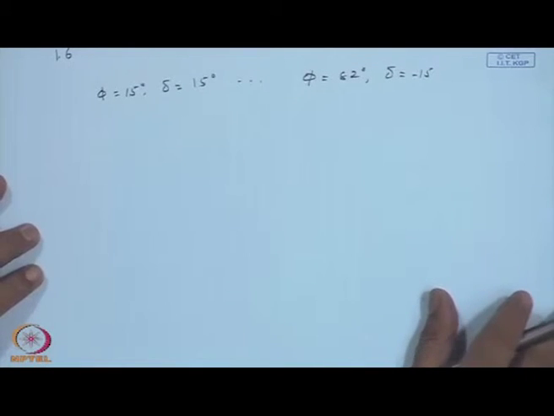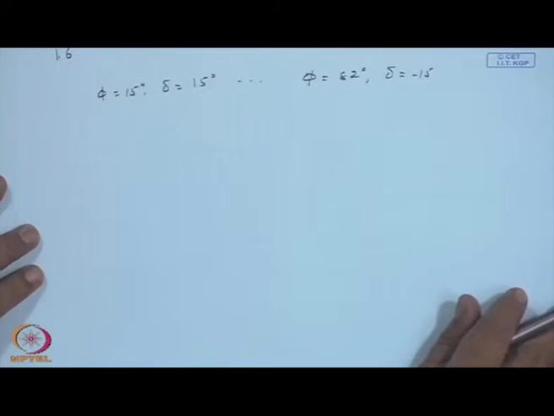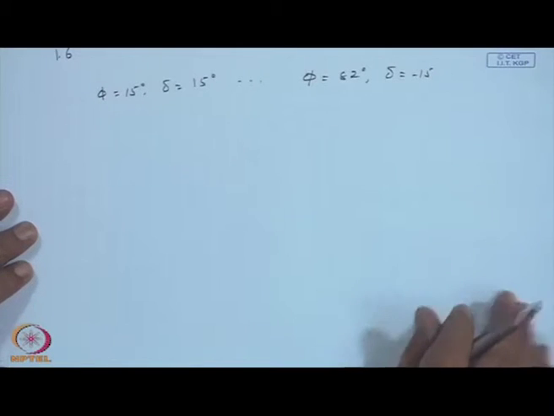We would like to draw some conclusions out of the computation that we do for the sunset hour angle and the day length for this following combination of latitudes and declinations.